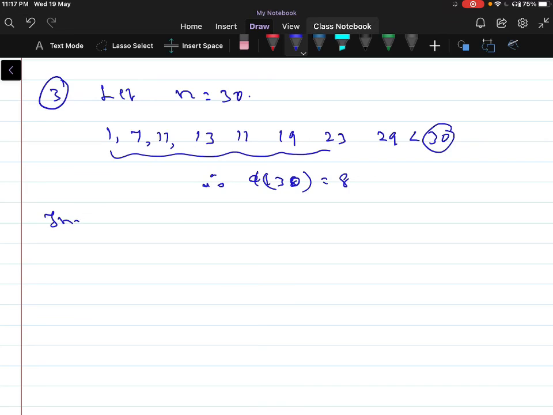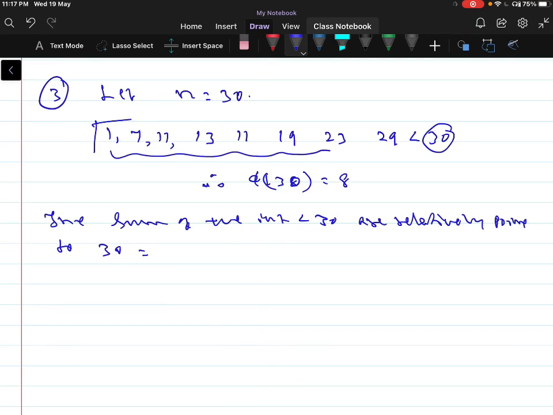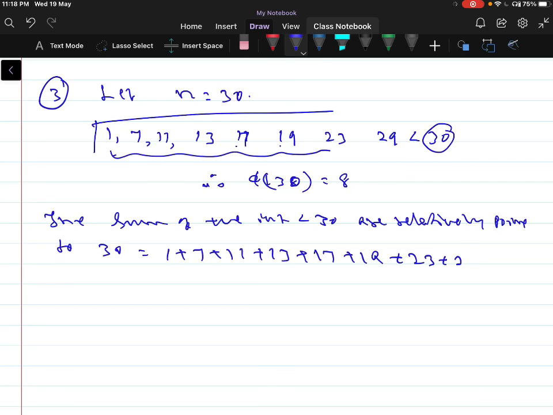So now the sum of positive integers less than 30 and that are relatively prime to 30 is equal to 1 plus 7 plus 11 plus 13 plus 17 plus 19 plus 23 plus 29, so their sum is 120.